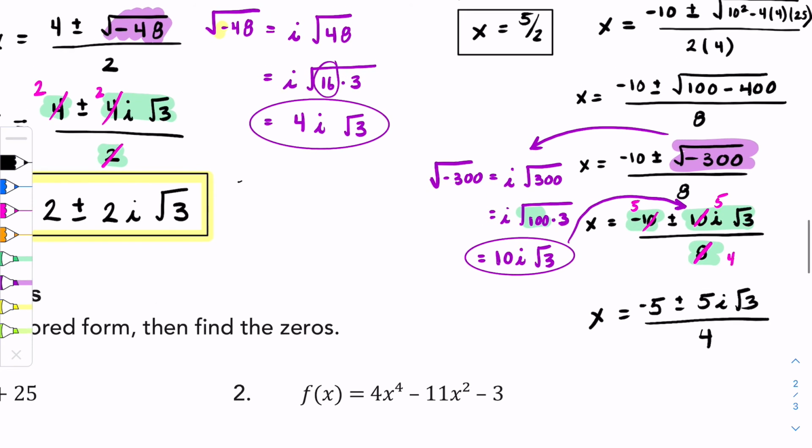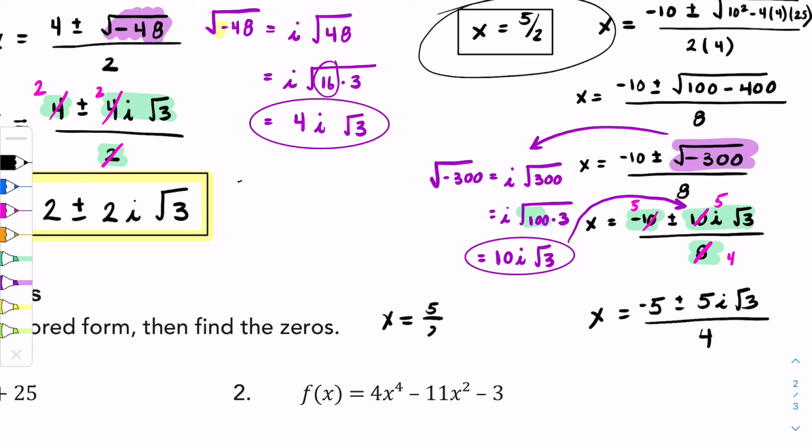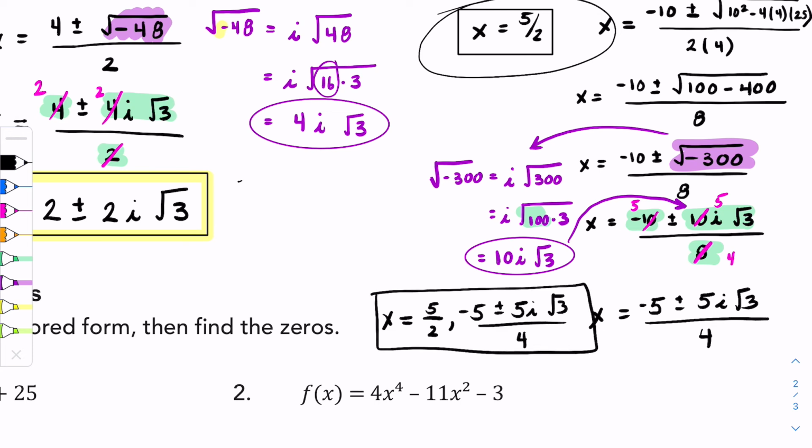And don't forget that you have your original solution, or the first solution you found, of 5 over 2. So I can list all of my solutions as x equals 5 over 2, comma, negative 5 plus or minus 5i square root of 3 divided by 4. And that's your final solution.